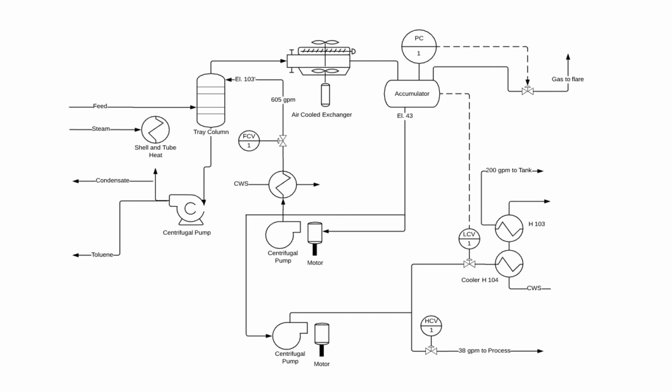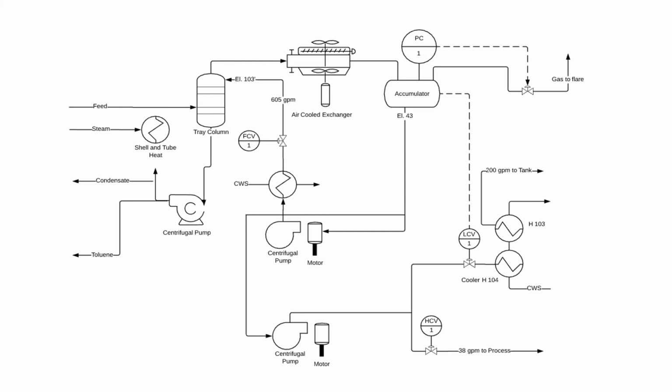Some other things to note on actual P&IDs: down in the bottom left, there's usually a section for revisions and the different MOCs and projects that made the revisions. So this can be a good reference if you think there's an error or you notice something changed. You can look at the revisions and then maybe find an old P&ID to see how the system used to be set up.